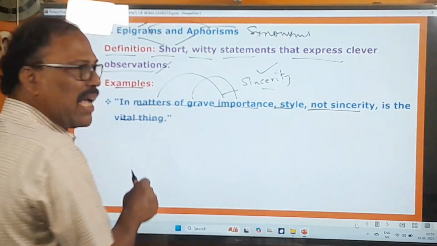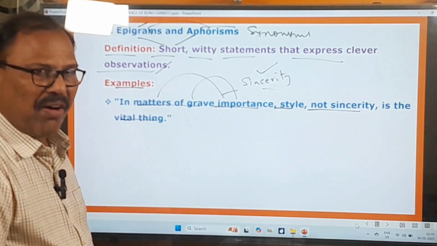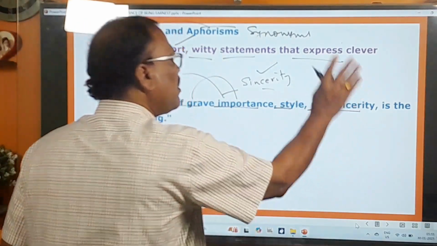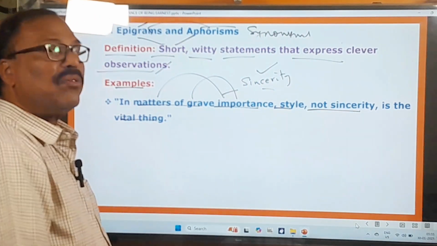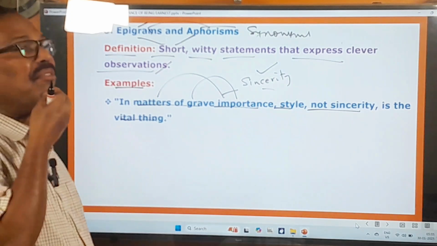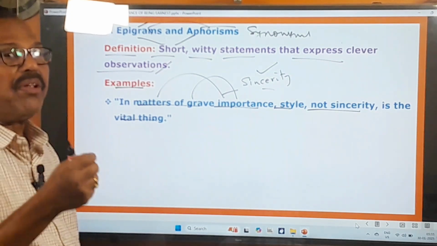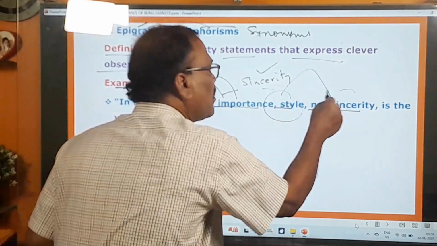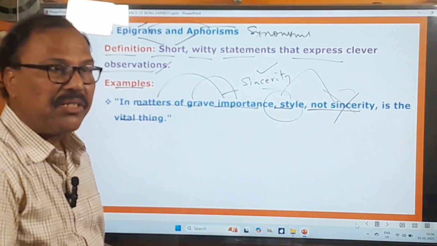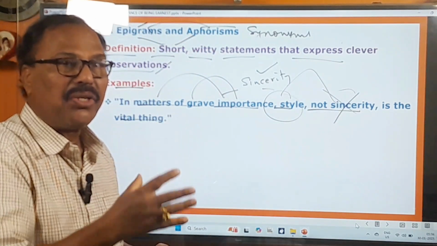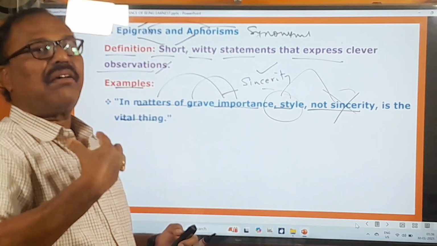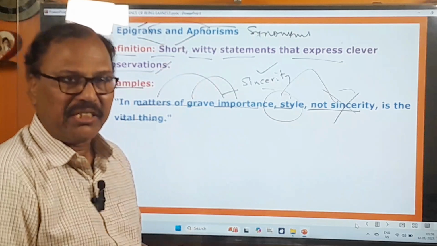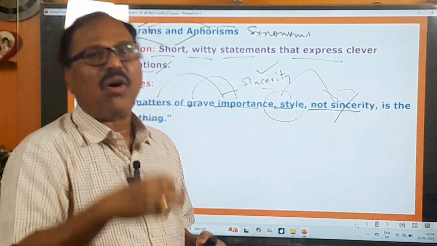Here, these words are actually spoken by Gwendolen Fairfax, and she prioritizes style over sincerity. Because in the days of the Victorian era, the people gave top priority only to the style, but not to the sincerity. That means they gave top priority only to the outward appearance, outward charm, outward wit, outward politeness, and all such things.